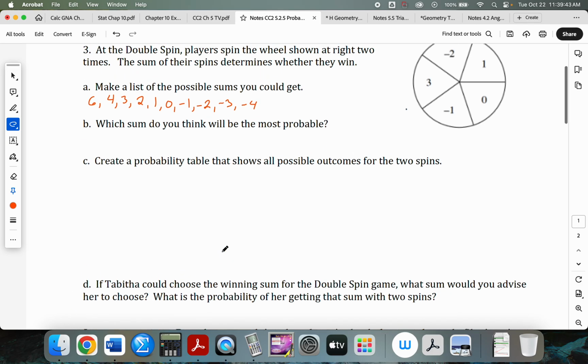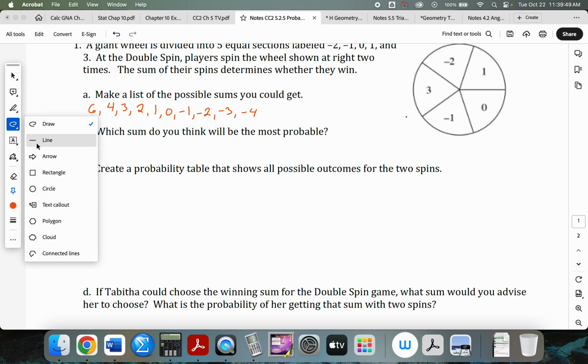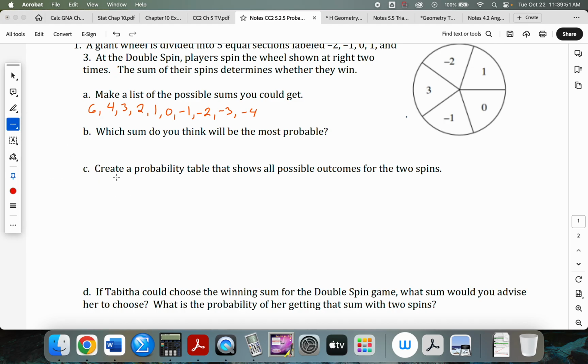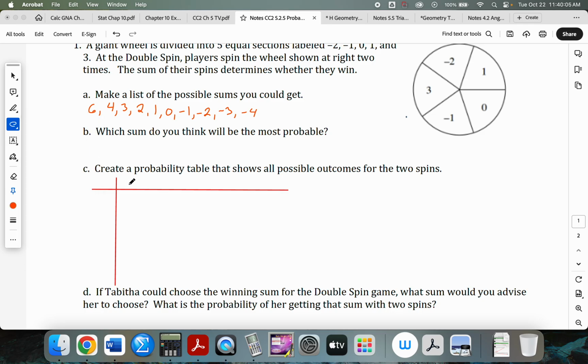All right, so let's create a table. So for our probability table, we're going to have 2 different rolls, right? And the possibilities for the first roll are, and I like to put them in order.